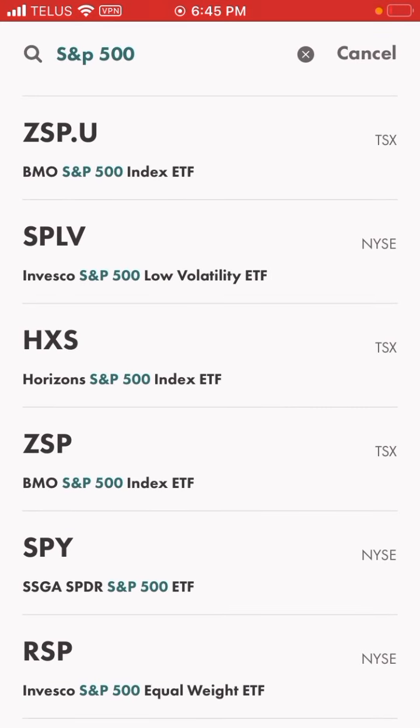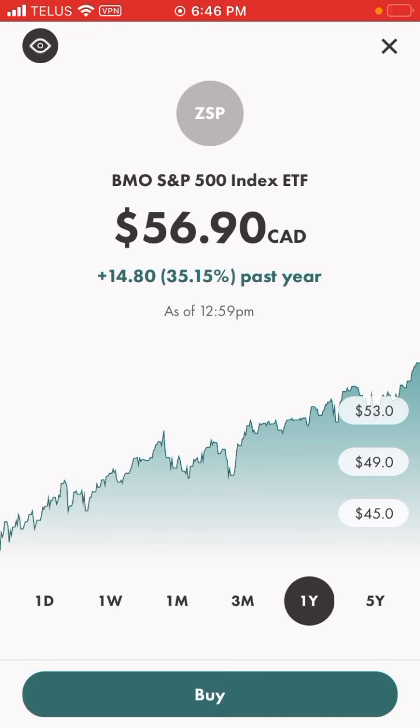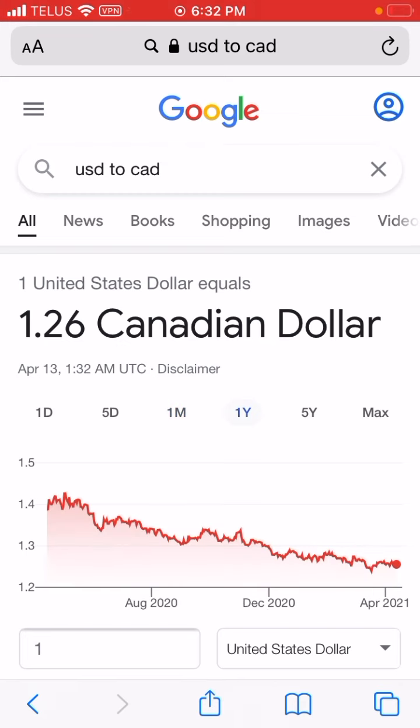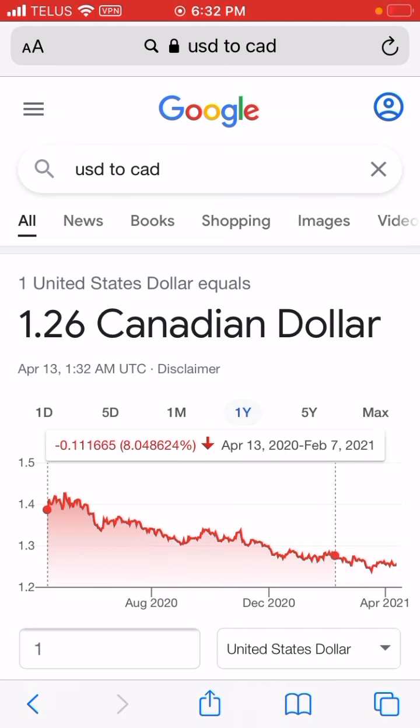In the past year, the US dollar has become weaker compared to the Canadian dollar. This is the exchange rate between US and Canadian dollars. And then if I click the 1 year here, as you can see, over the past year, the US dollar has become weaker by around 9.4%. And that's why the S&P 500 ETF in Canadian dollars is affected.